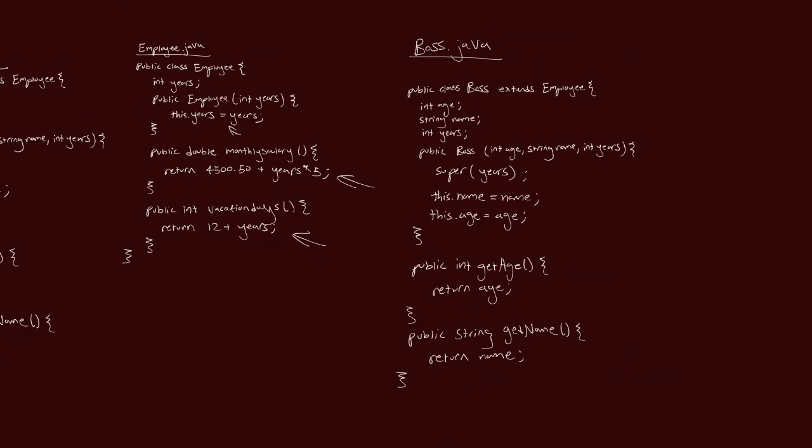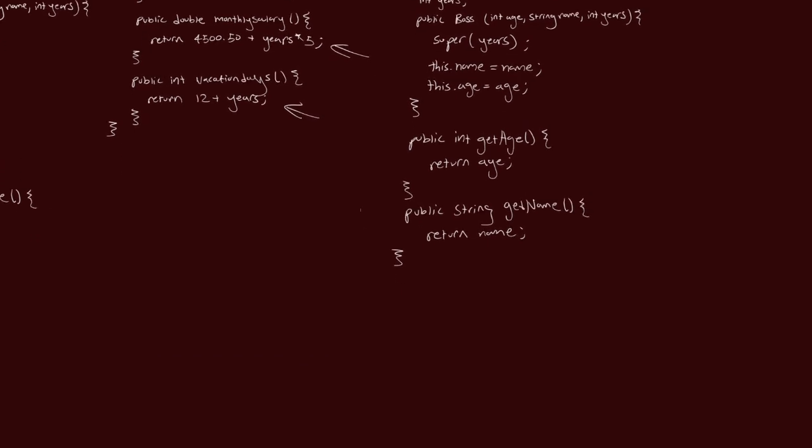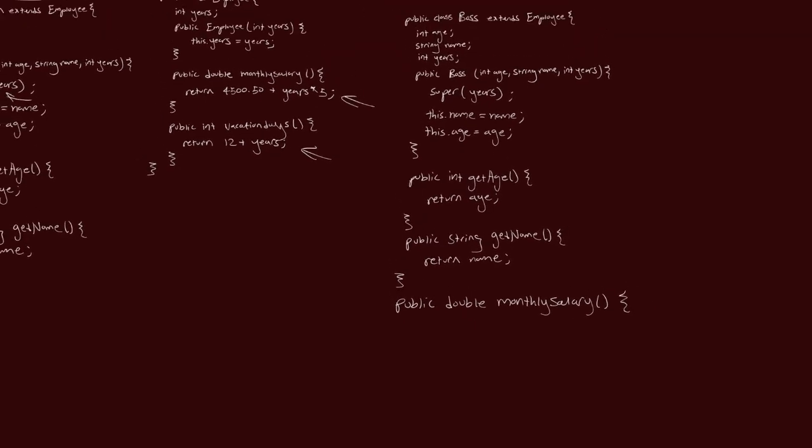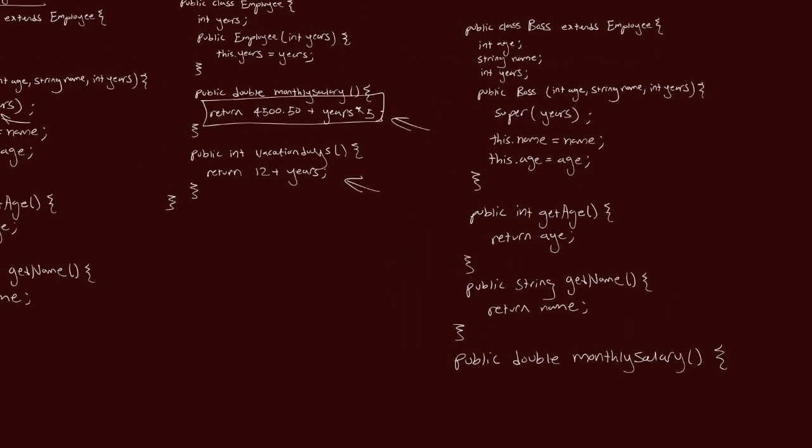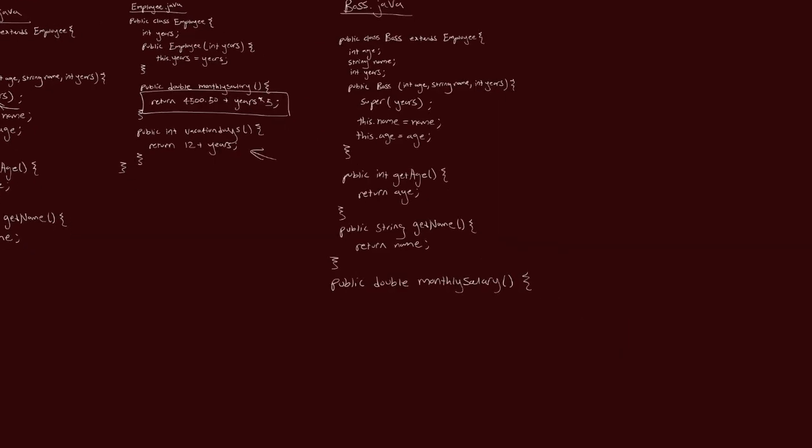So I'm going to override these two methods. So what I'm going to do is public double monthly salary. I'm going to add to these values.